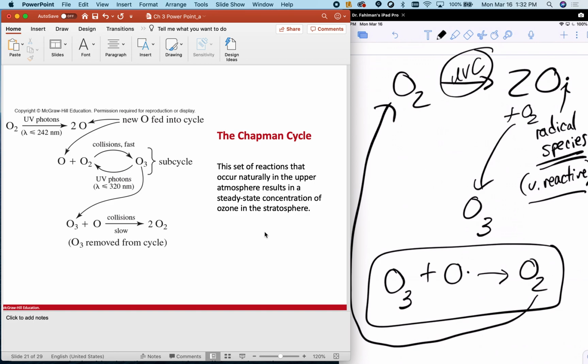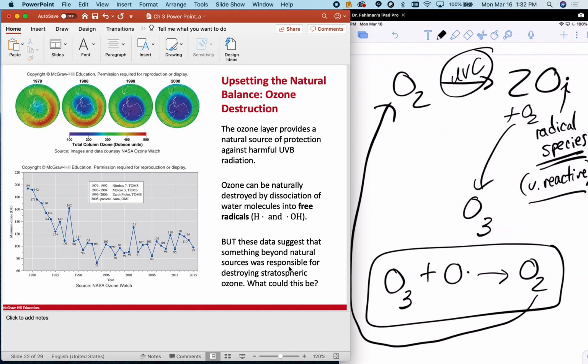And so, as we said, you're going to have greater concentrations in some parts of the world than others, like cold areas. And it's totally a natural cycle. But what happened is, years ago, like in the 80s, they discovered that there was a hole.